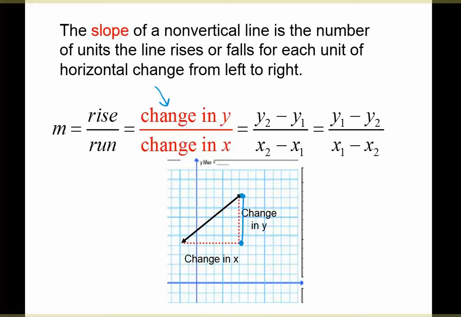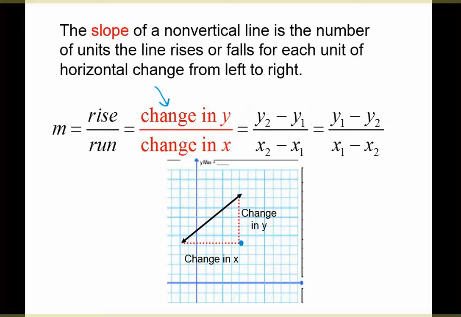To find that change, we're trying to find the difference of those two y coordinates. That's why you'll see over here, to find the change in y, we're going to find the difference of the two y values. And in math, difference is the exact same thing as distance. You want to find the distance between 2 points, subtract them. Difference is distance. And we'll look at the same thing for the x.